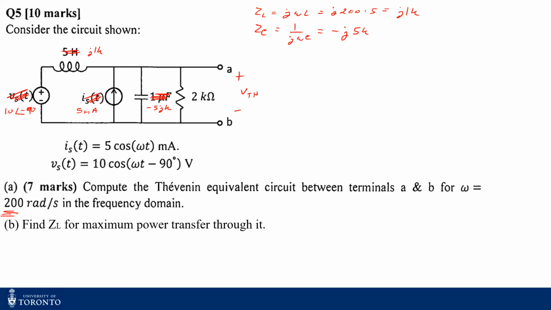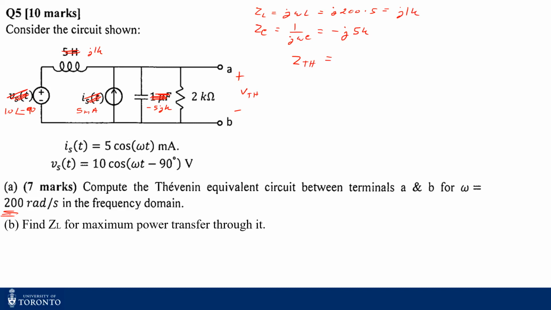Let me do the Thevenin impedance right now. I turn off all the independent sources, so my voltage source will be short and my current source will be open.